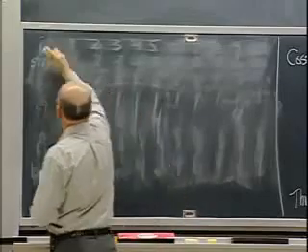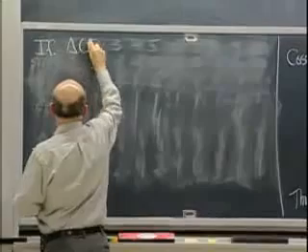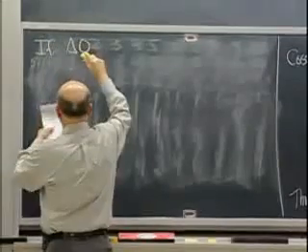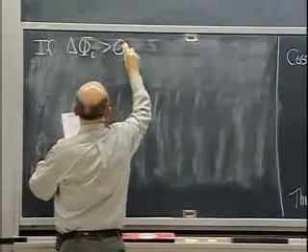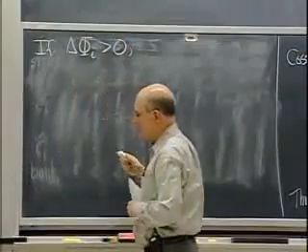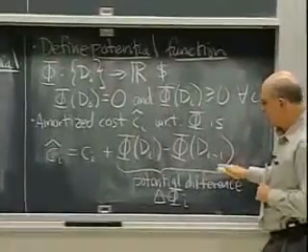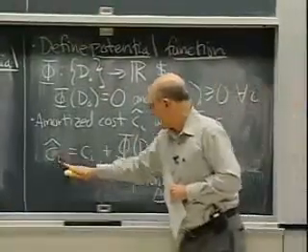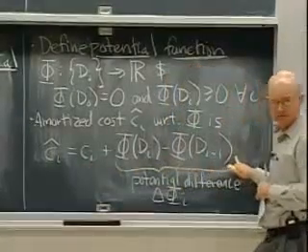If delta phi i is greater than 0, then what's the relationship between c sub i hat and c sub i? This is greater than 0.